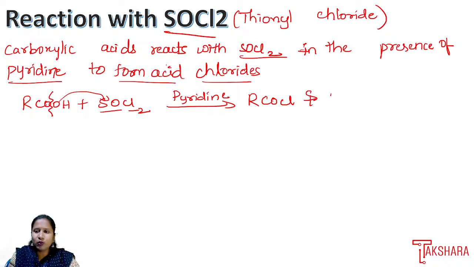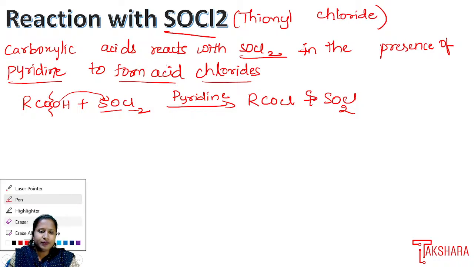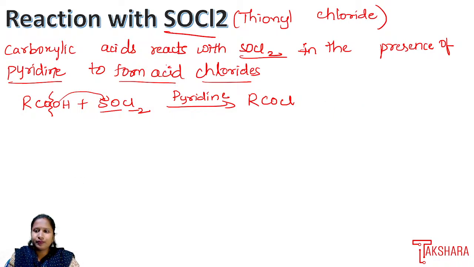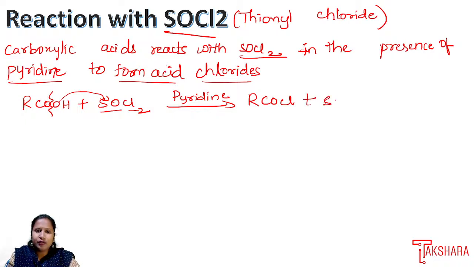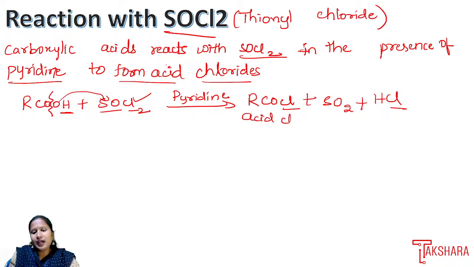So we will get SO2, sulfur dioxide, plus HCl. Okay, so two Cl, here one Cl, two Cl are used, then one hydrogen atom in the carboxylic acid is balanced and one sulfur atom is balanced, and the product obtained is acid chloride.